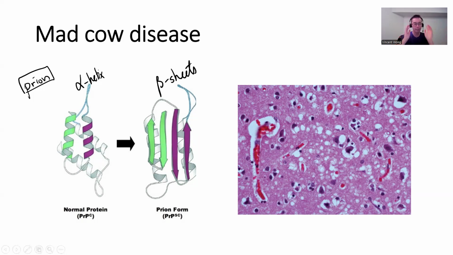So this is what happens. If you consume contaminated beef, you will have the misfolded prions in your system. These misfolded proteins will find the normal proteins and cause them to misfold. Now you have two misfolded proteins.